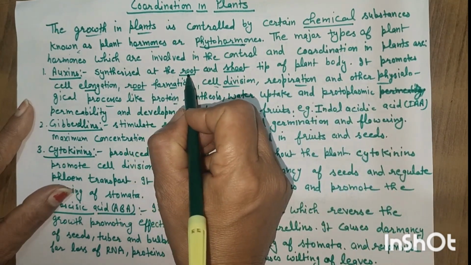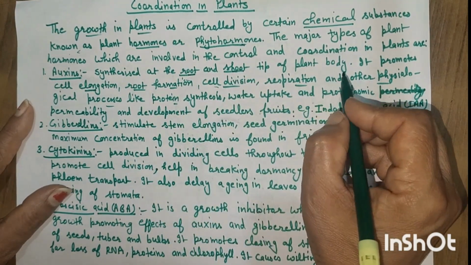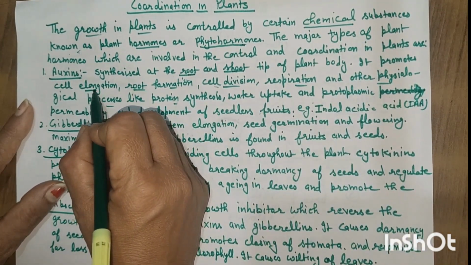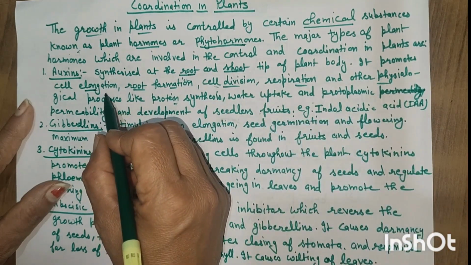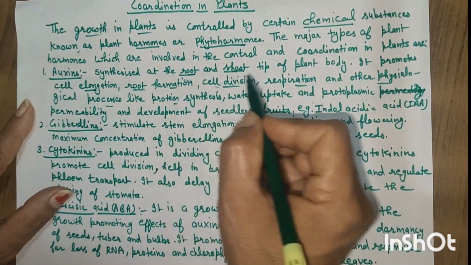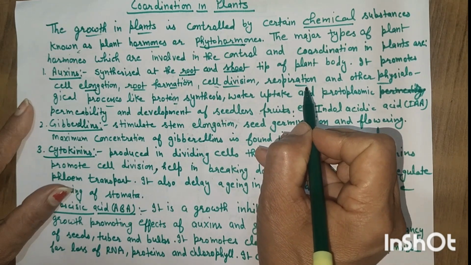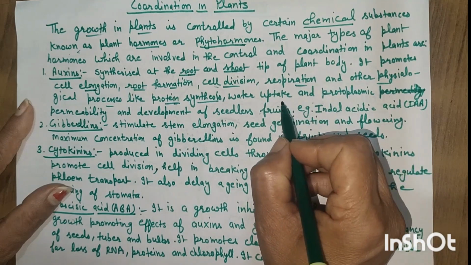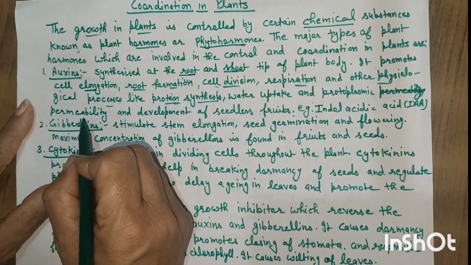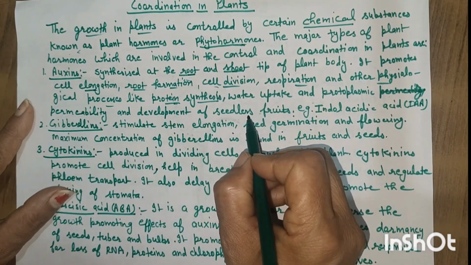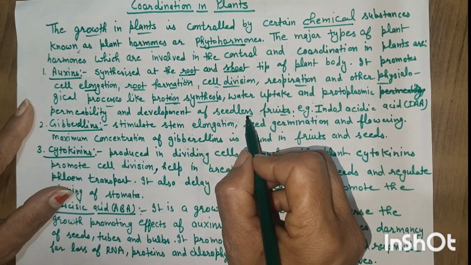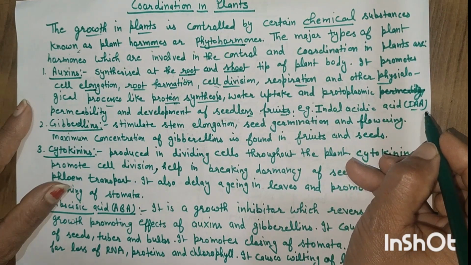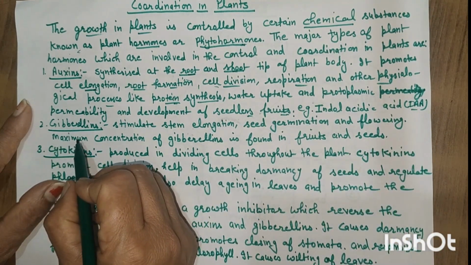It promotes cell elongation, root formation, cell division, respiration, and other physiological processes like protein synthesis, water uptake, protoplasmic permeability and development of the seedless fruit. Example is indole acetic acid, that is IAA.